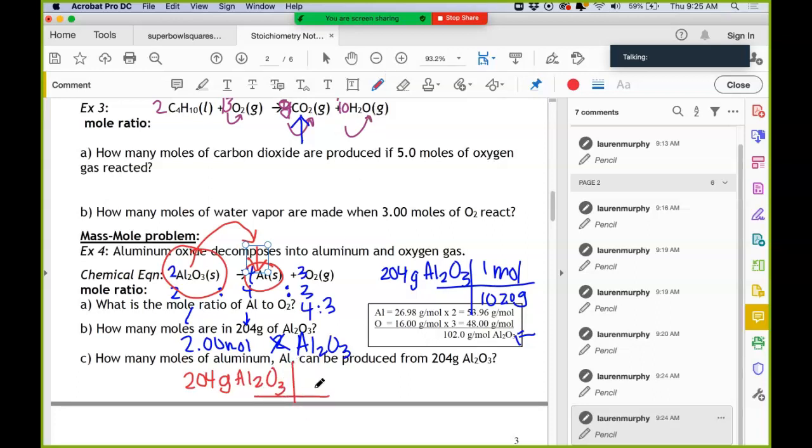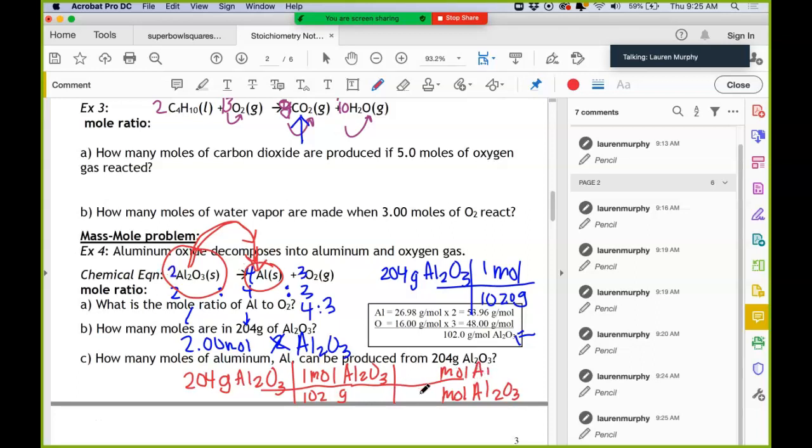So grams into moles first of aluminum oxide. How do you do that? Molar mass, 102 grams for every 1 mole. And then once you're in moles, then you can do the stoichiometry. So the moles of aluminum oxide go on the bottom because we don't want that one anymore. And the thing you're trying to find goes on the top, which is aluminum.